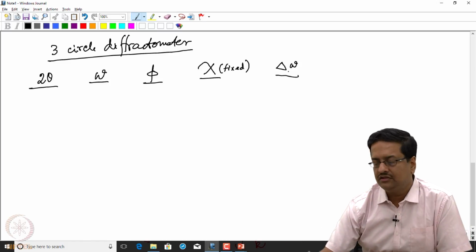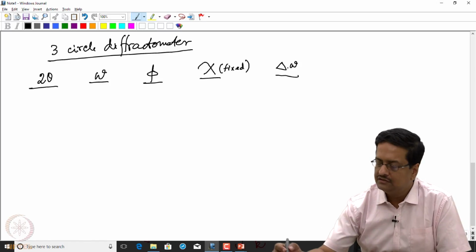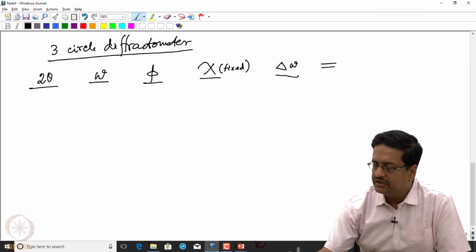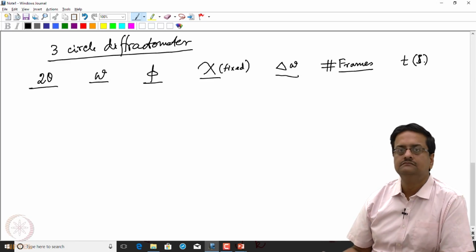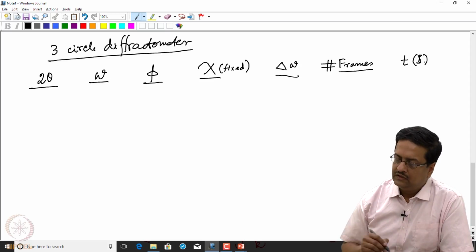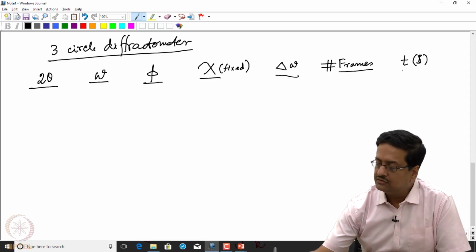So, depending on the width that I am using, the number of frames is determined, and the exposure time in seconds is also indicated here.